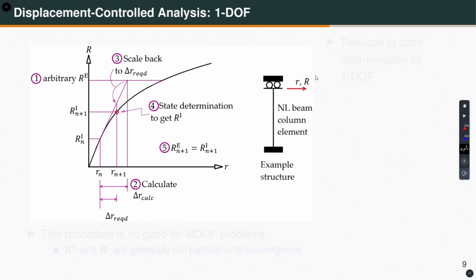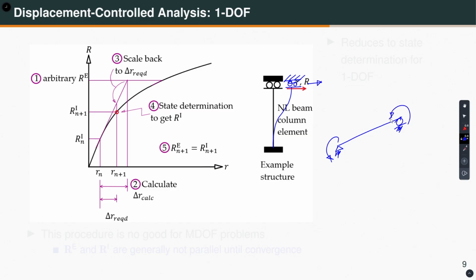So if I apply some displacement little r, then this will deform like so. How much force is required to cause this deformation? Well, corresponding to this little r that I have applied, I have to calculate my basic deformations. What are the basic deformations? For a nonlinear beam column element, in the basic deformation coordinate system.